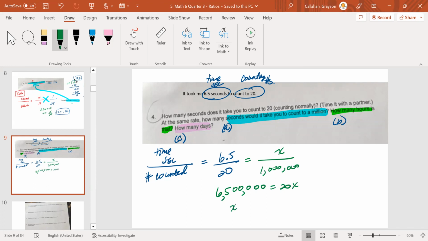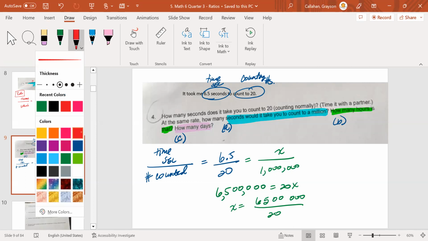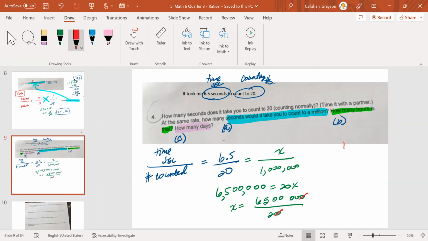Okay, divided, x equals 6, 5, 0, 0, 0, 0, 0 divided by 20. And you get to cancel one of the zeros like that.